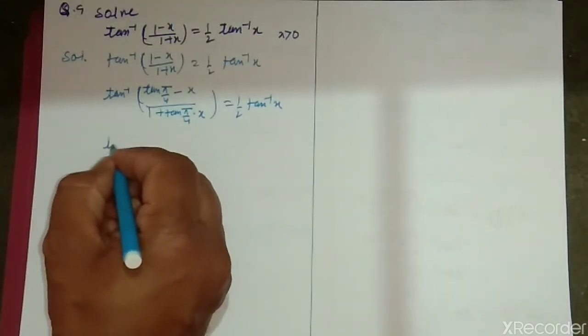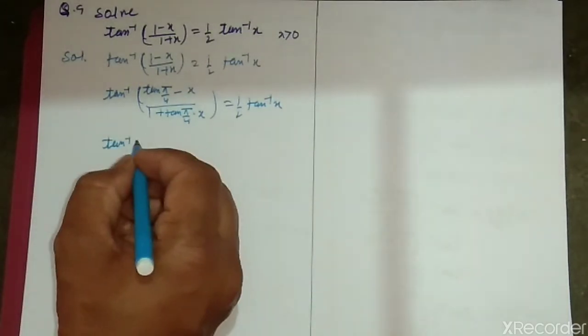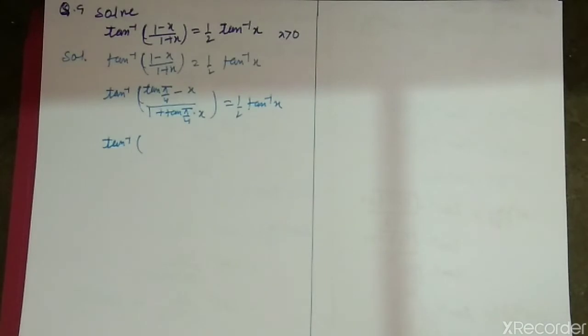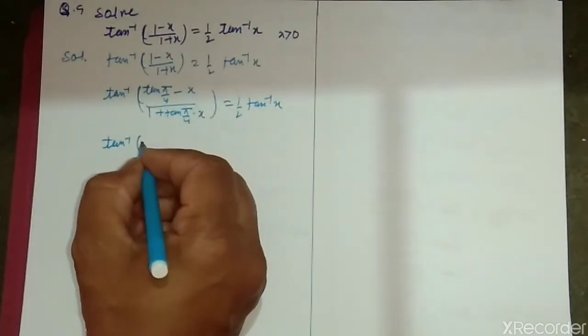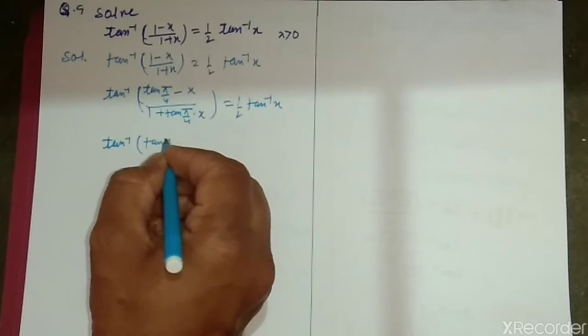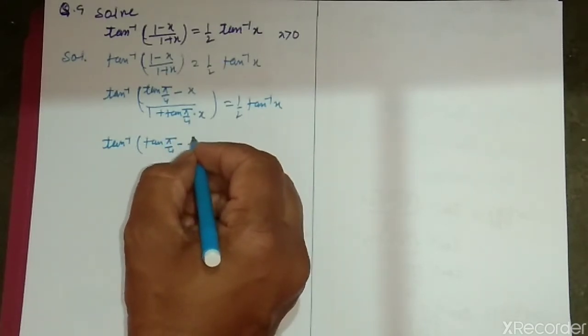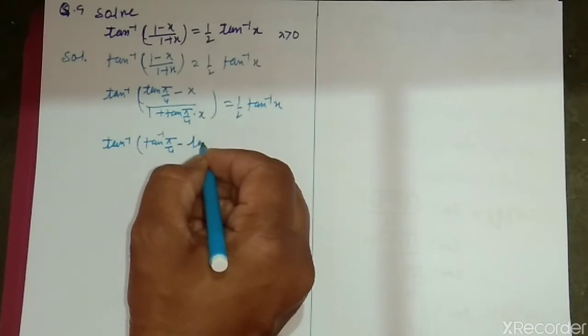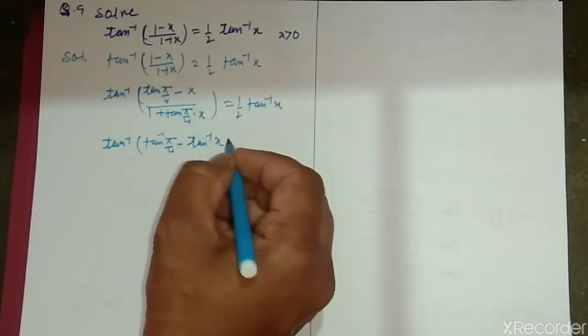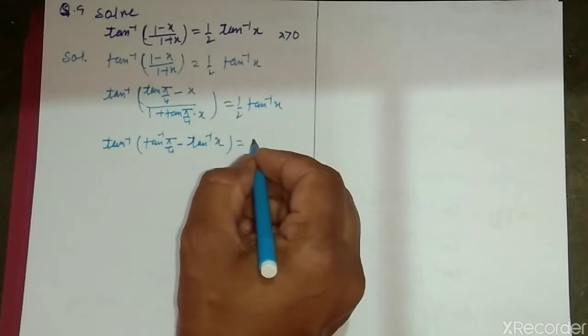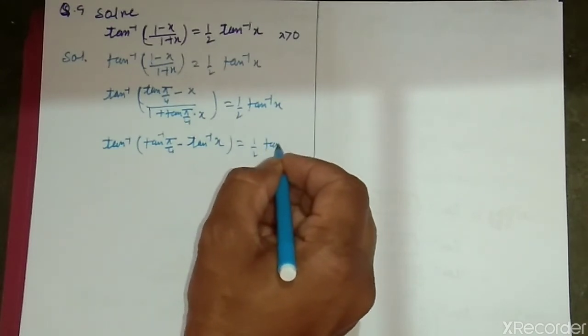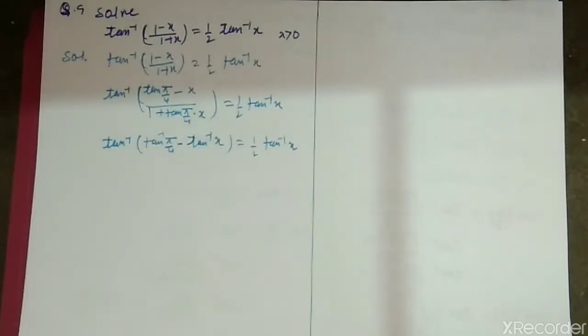So tan inverse, okay, we can write it as tan inverse tan pi by 4 minus tan inverse x is equal to 1 upon 2 tan inverse x. Clear?